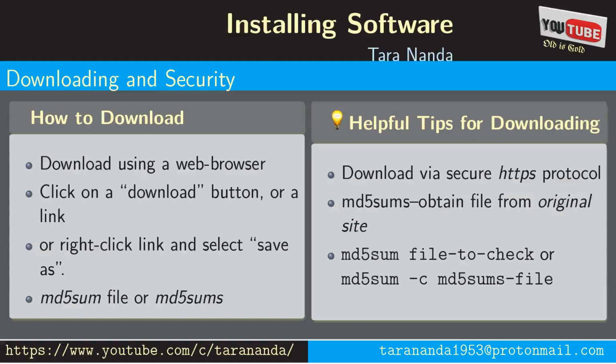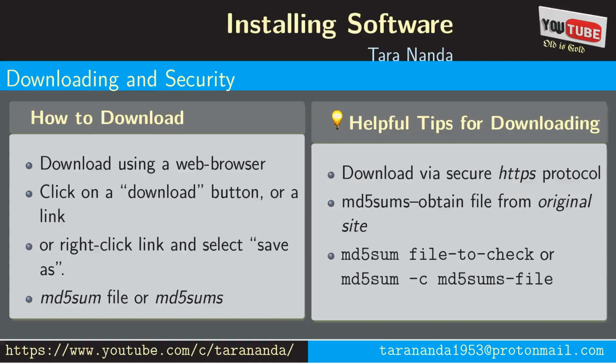The first thing you should do is check the integrity of the downloaded file. This is done by running a program called MD5 sum from the command line. The syntax is very simple.